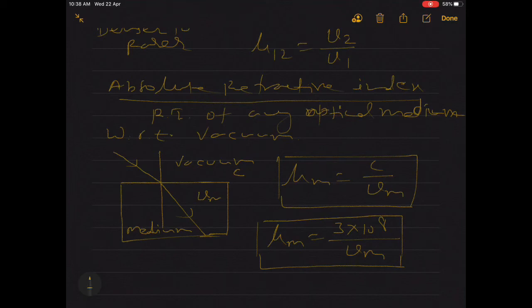So by knowing the refractive index, we can find the speed of light in that particular medium. So this is about the absolute refractive index.